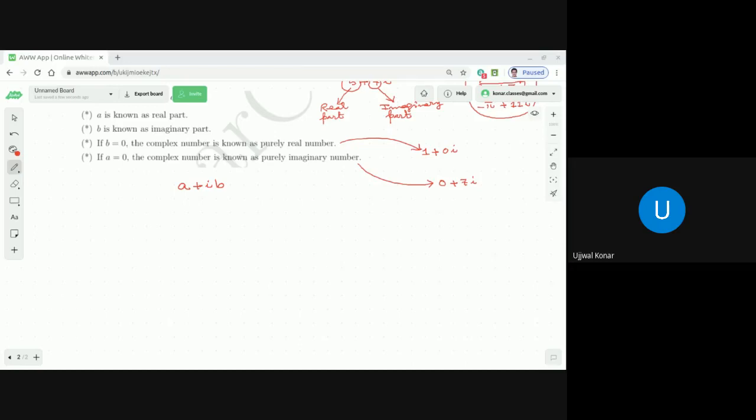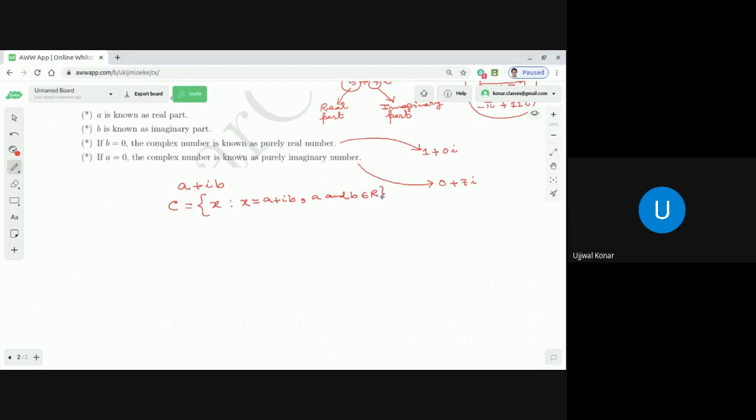The set of all complex numbers is denoted by capital C. The way the set of natural numbers is represented by capital N and the set of real numbers by capital R, the set of complex numbers is represented by capital C. In set theoretic notation, C is equal to the set of x such that x equals a plus ib, in which both a and b belong to the set of real numbers.